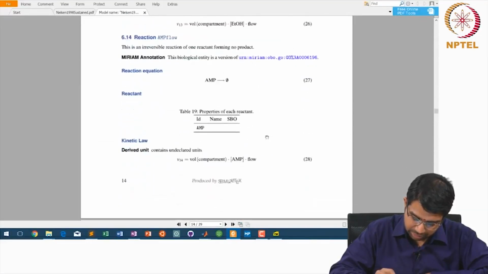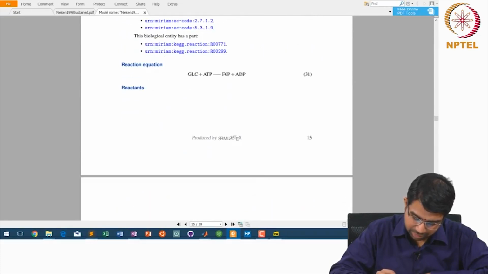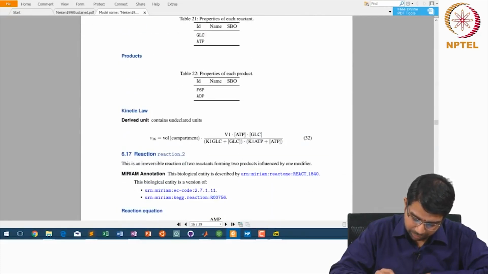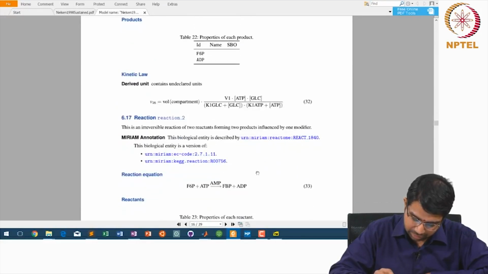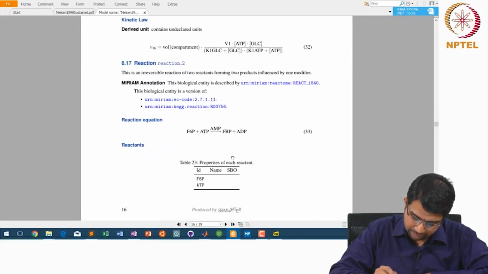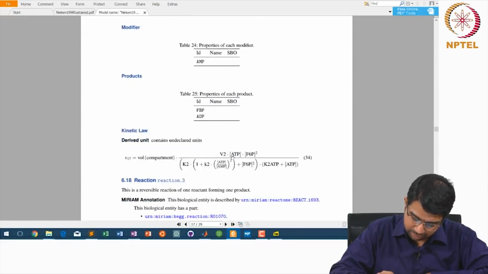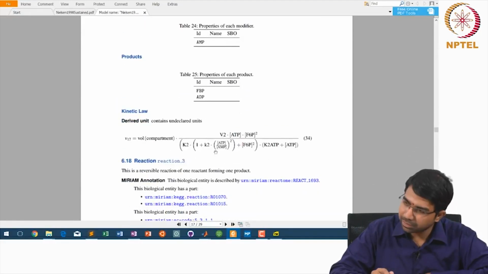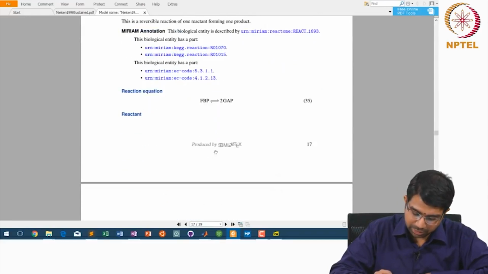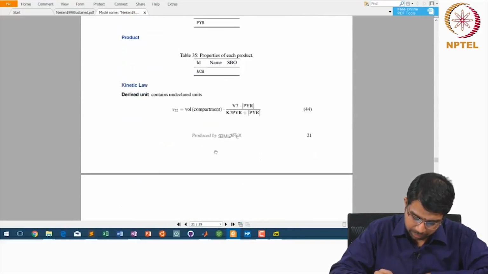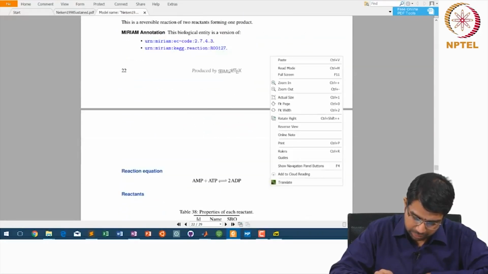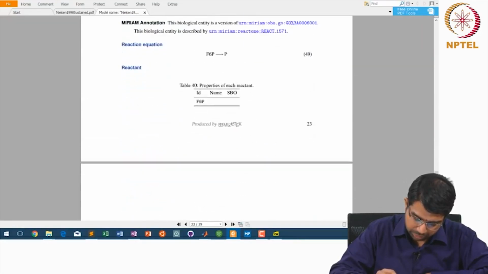This is essentially a stoichiometric matrix derived from the stoichiometric matrix. So V16 is this, reaction 2 is this, which is this. You need to write those out. Let us skip to the metabolites.